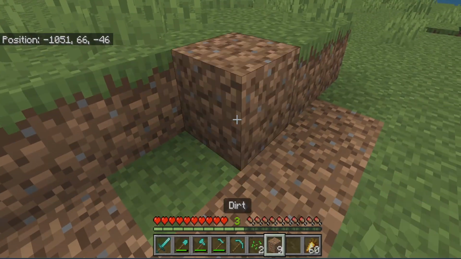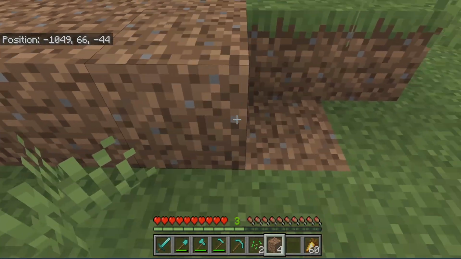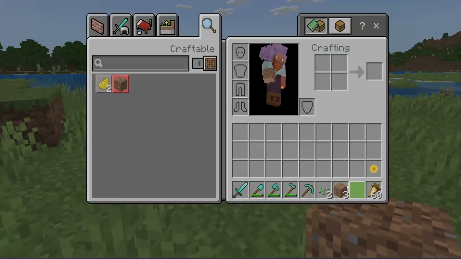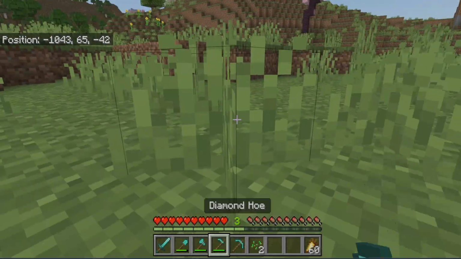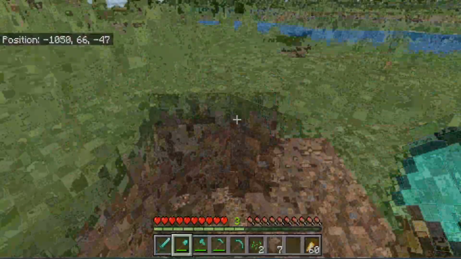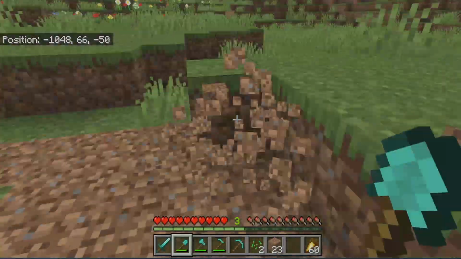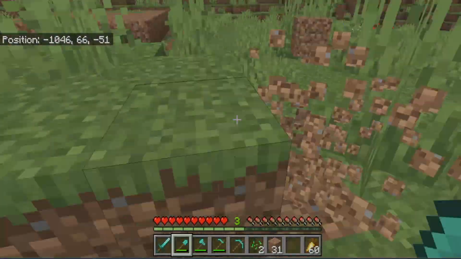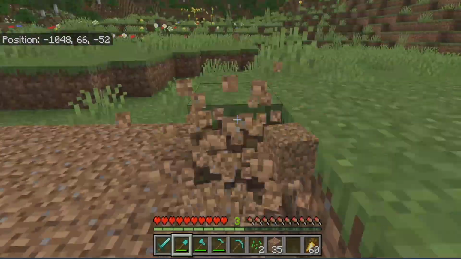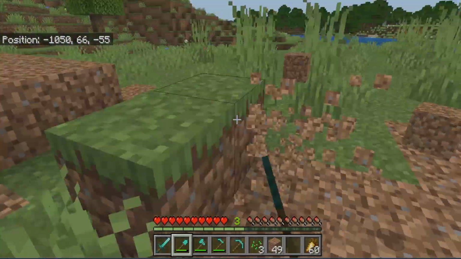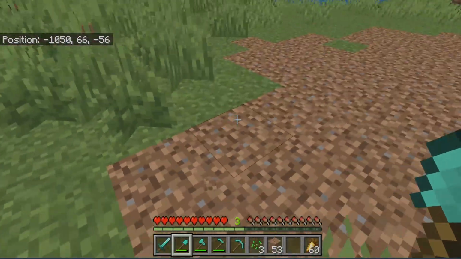Did I start with that many? No, I picked up a couple extra. Let me get rid of these other 3. That's 1, 2, 3, 4, 5, 6, 7. Oh, what's that one? 7. And then we had 4 left over.